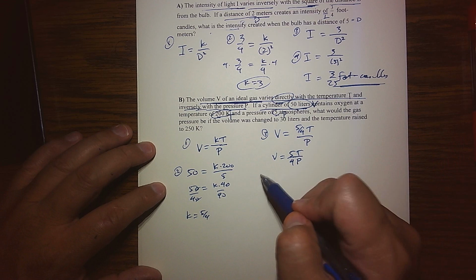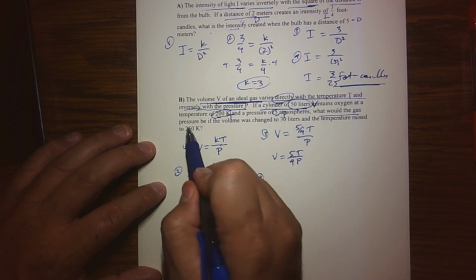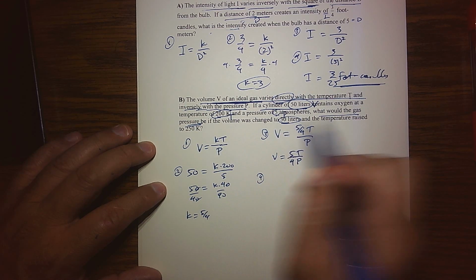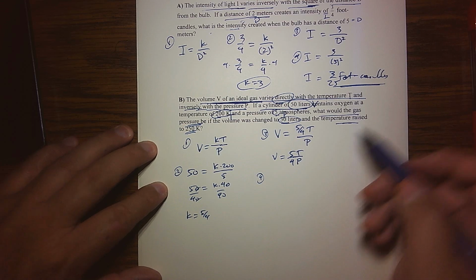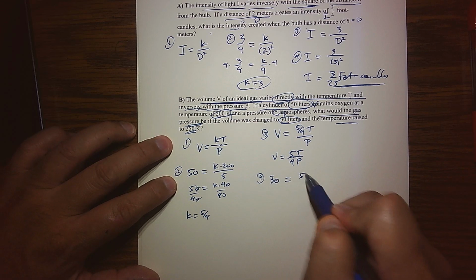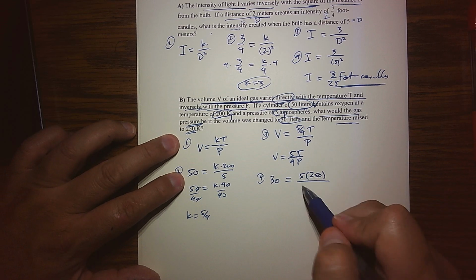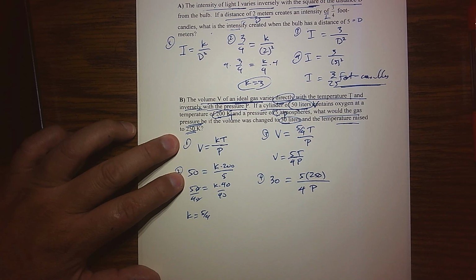So now, step 4, let's plug in what we know. They want us to know what would the gas pressure be if the volume was changed to 30 liters and the temperature was raised to 250 Kelvin. So in this case, we know the volume, it's 30. We know that the temperature is 250, our 4 down there, and then the P is what I'm trying to solve for.